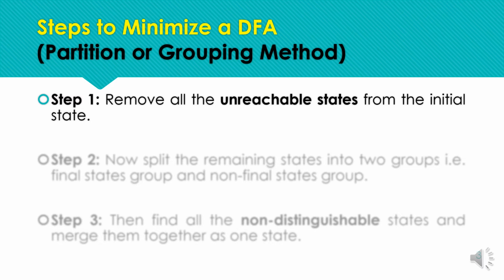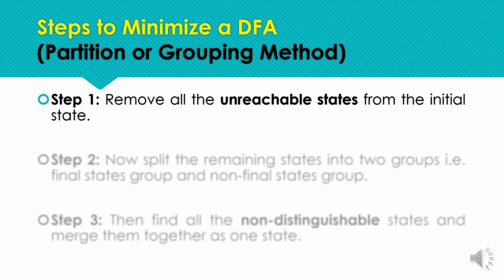If those states are not in the path for any input symbols, we can always remove such states. These states are known as unreachable states, and we always need to remove such states.